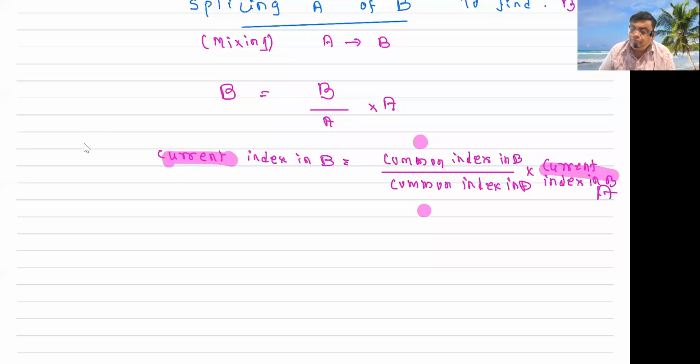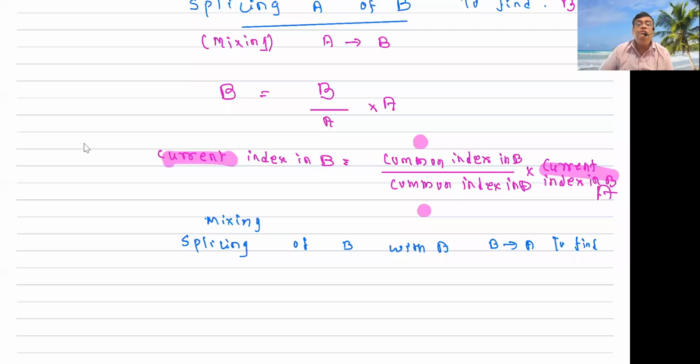And then I write the formula for splicing of B with A. Have you finished writing this? I then consider splicing of B with A. Tell me, now I have to do mixing, B in A. When you put B in A, what is this to find?